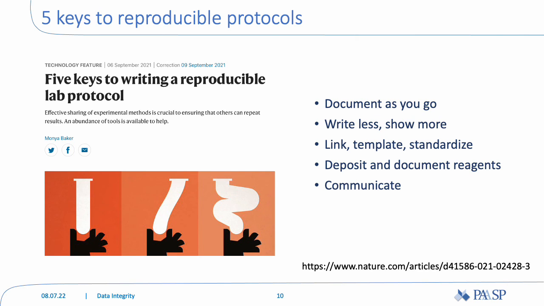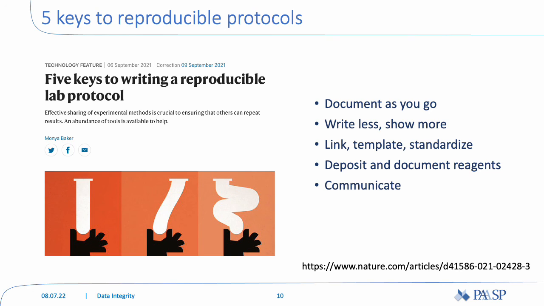Write less, show more. This can indeed mean make a video of important steps of the experiment that might otherwise be unclear. For example, what means shaking? However, it can also mean to include a timeline in the protocol.